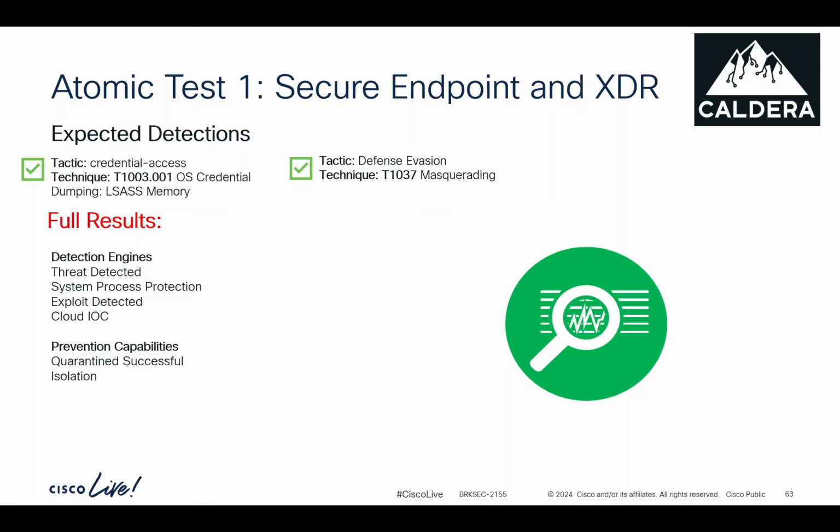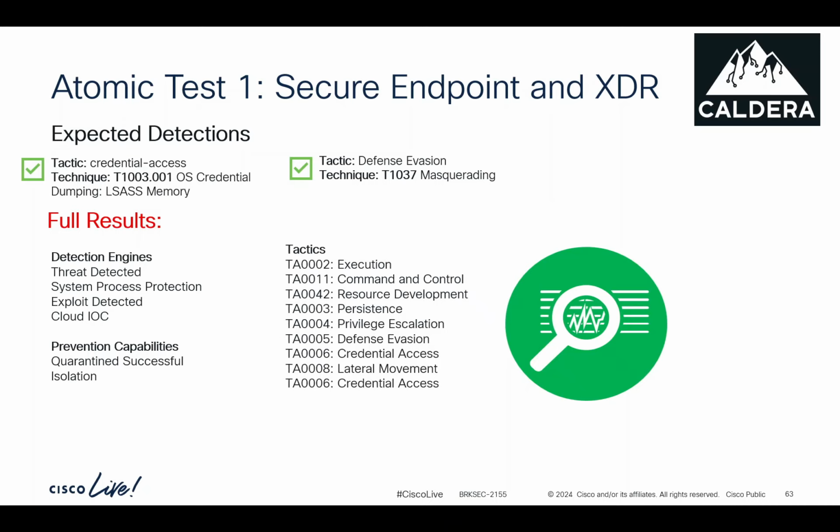Now, full results are detection engines. We had things like threat detected, system process protection, exploit detected, cloud IOCs. These were things that were triggered. Prevention capabilities, quarantine successful, isolation. Tactics, we saw all kinds. We've seen execution, command and control, resource development, persistence, privilege escalation, defense evasion, credential access, lateral movement, and credential access again.